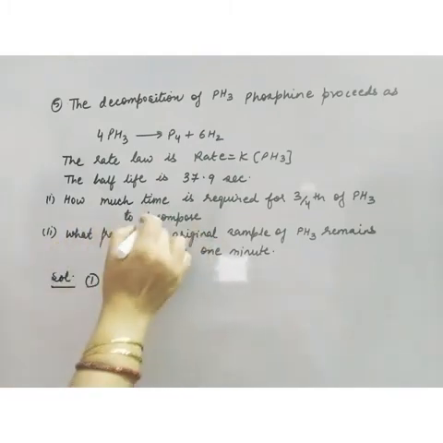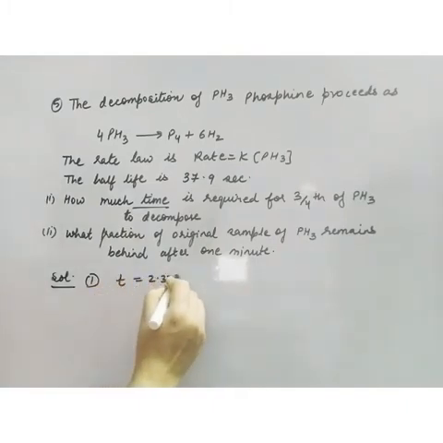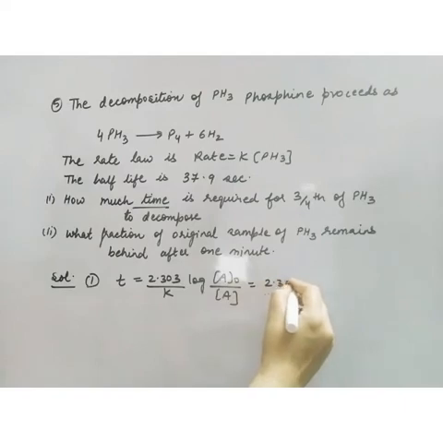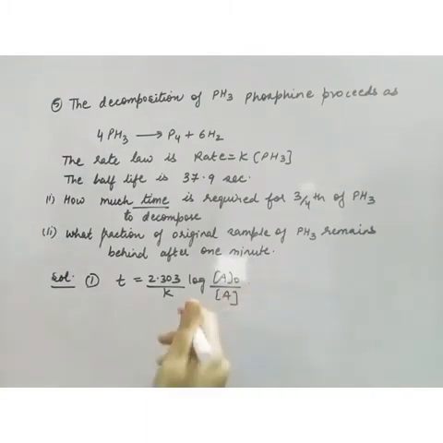First we have to calculate the time. So time we can calculate by using the integrated expression. Now it is equal to 2.303. Now half-life is given to us. Directly K is not given to me. So what I will do, first I have to calculate the value of K. So what is the relation?